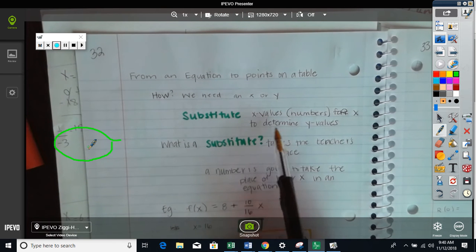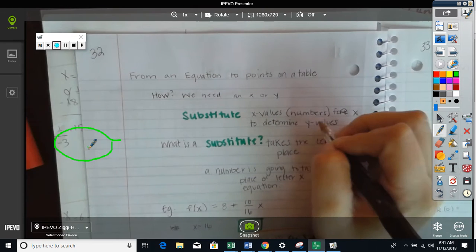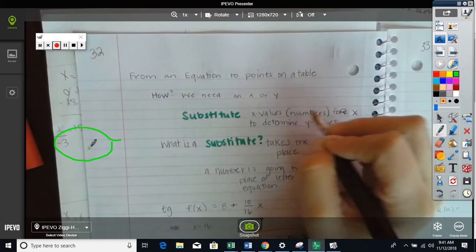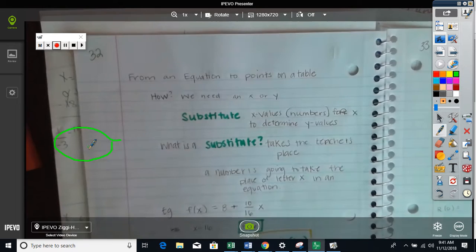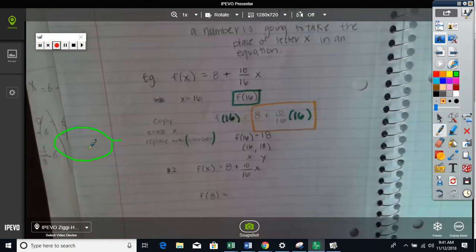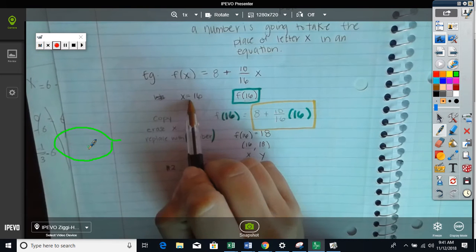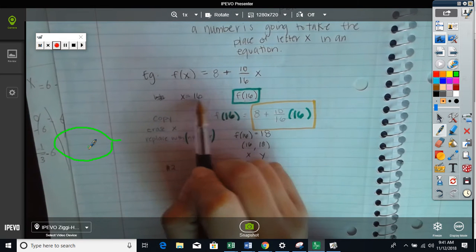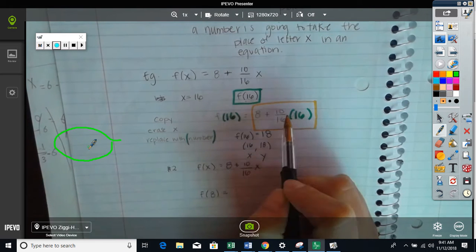The example that they gave me was this equation, f of x equals 2x. So if you remember from the notes on the examples that we did, when we go from the equation to the points on the table, we're going to need to substitute. That means the x values, the numbers, are going to take the place of the letter x. In the example we had an equation, and then our x was 16, or they could write it like this, and that means that the 16 took the place of the x's.